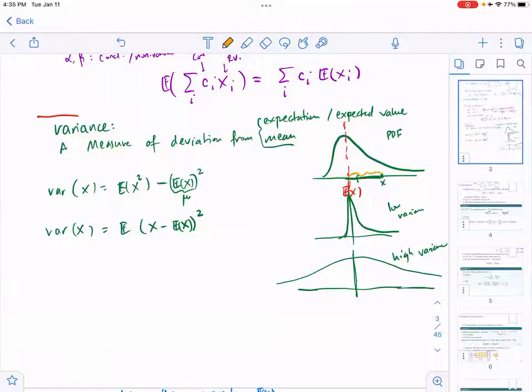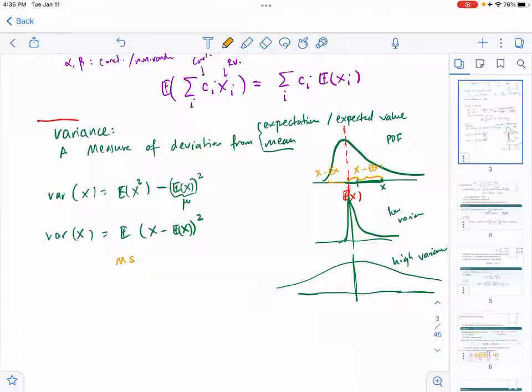So this distance is x minus expectation of x. It could be on the other side, and it would be negative. Then you square it, and then you take the average. So it's the average or mean squared distance to the mean.